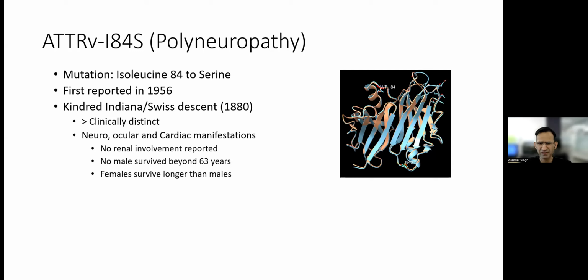In this particular mutation there is no renal involvement, compared to many mutations like T60 where the kidney is also involved. Patients with this mutation, particularly males, no one has survived beyond 63 years till now. Females survive longer than males for this particular mutation.